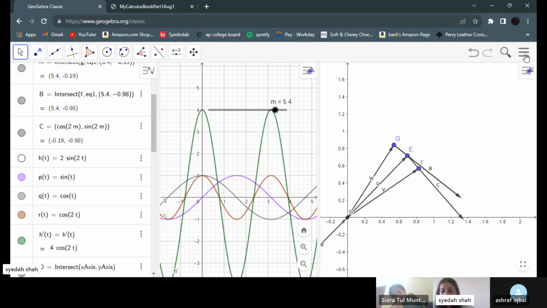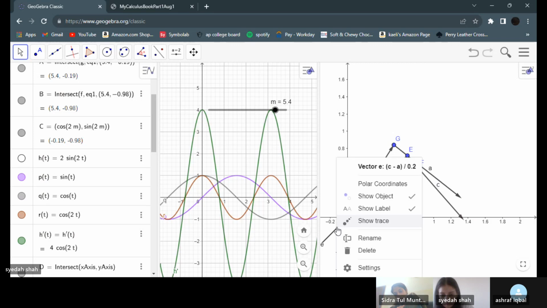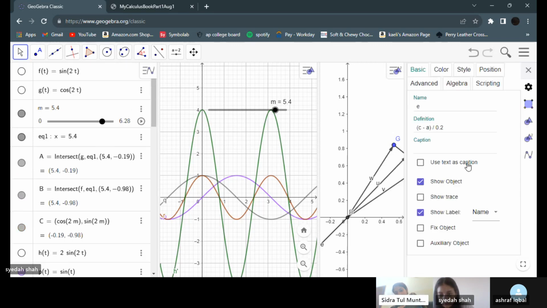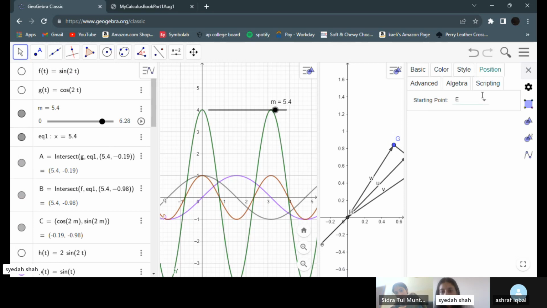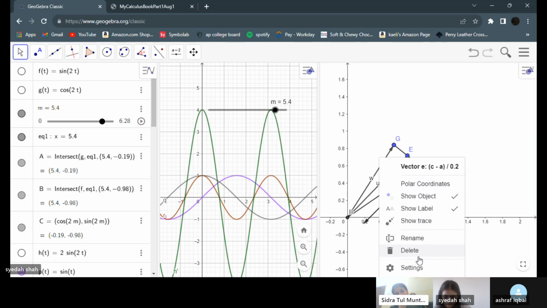Move its position to E. Should I do E or F? It's fine, you can do E or F, whatever you like. Can you change the color of all these 3, 4, 5, 6 vectors and make them brown?